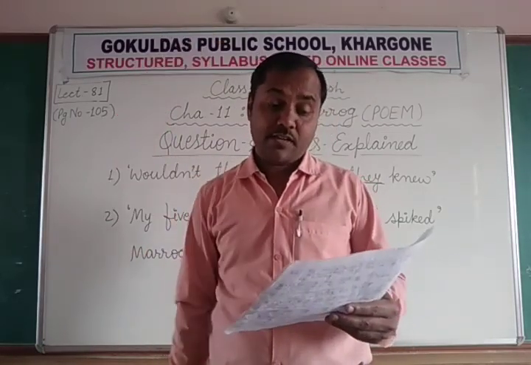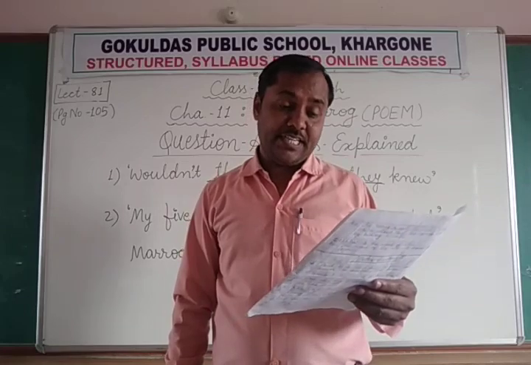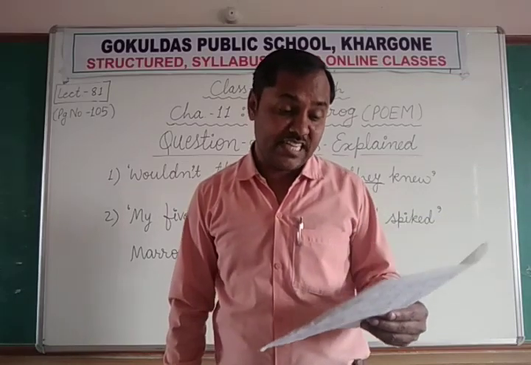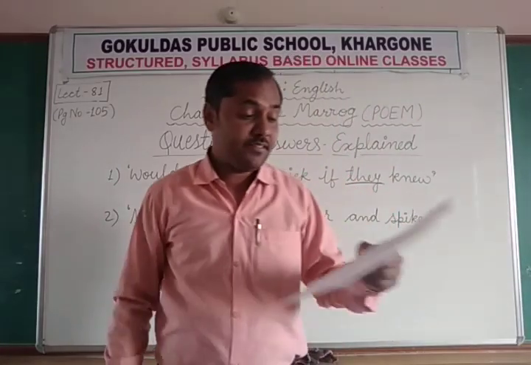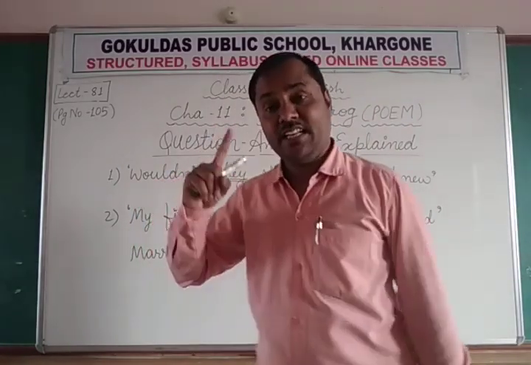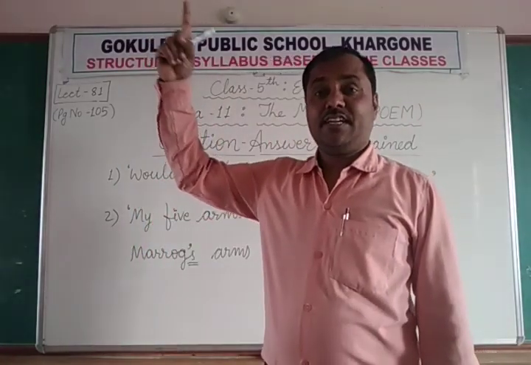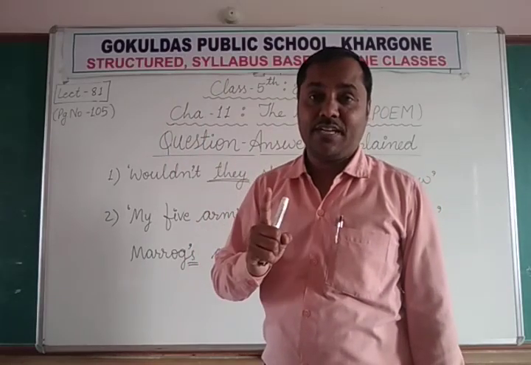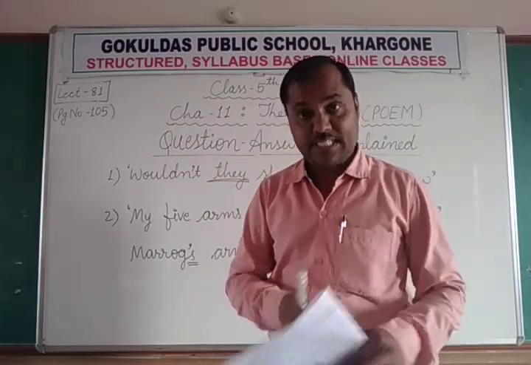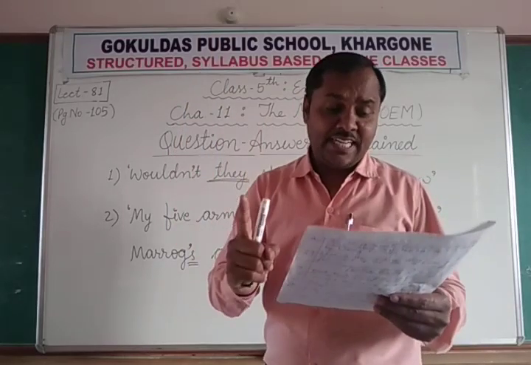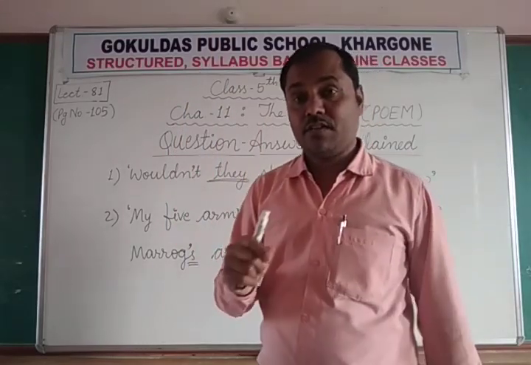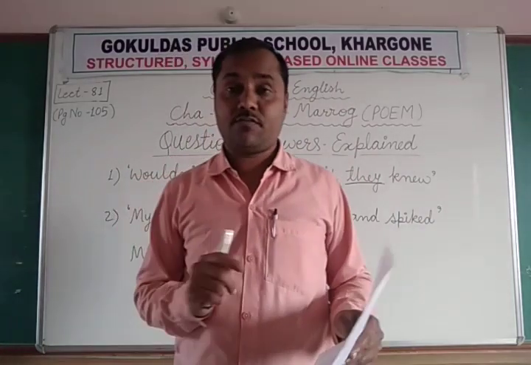So answer: light year is a unit of measuring. Measuring means napna. Okay, measuring distances in space. It is a unit of measurement of distances in space. 1 light year, and what does it mean, how long is a light year?